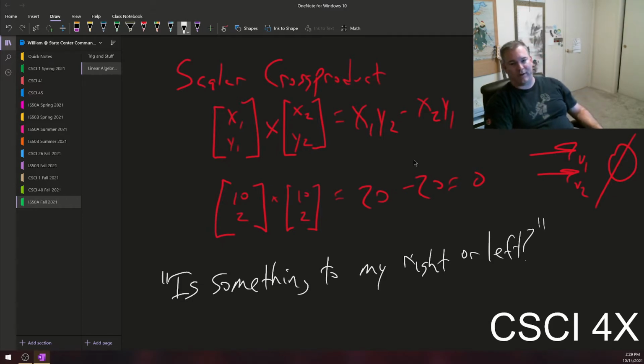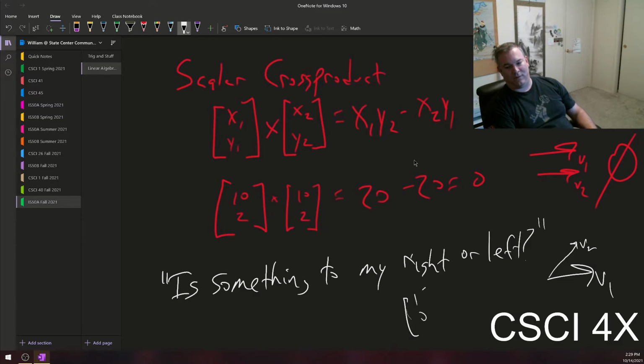For cross product, if we have vector 1 here, and then vector 2 is over here to the left of it, then you will get, let's see, 0 and 0.7, 0.7. You will get 0.7 minus 0.